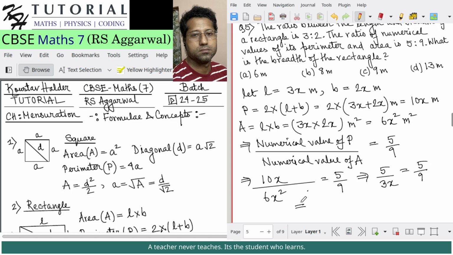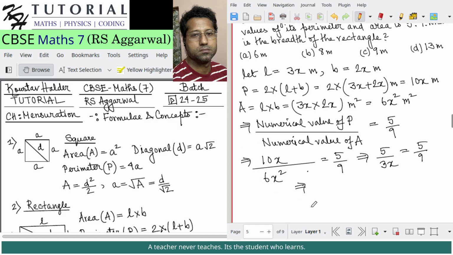This is a linear equation, it can be reduced to a linear equation in x. By cross multiplication, we will have 15x is equal to 45. This implies x is equal to 45/15, which is 3. X is 3.